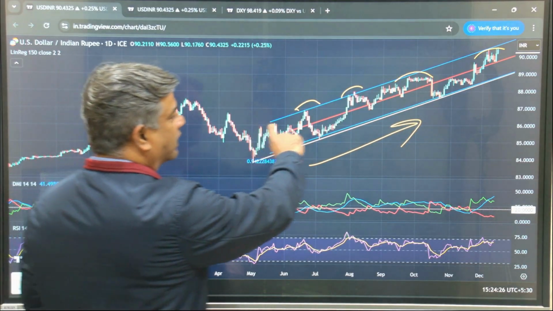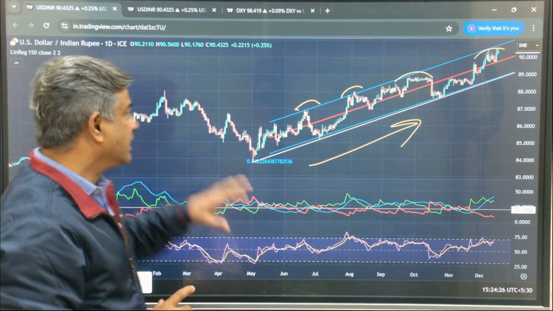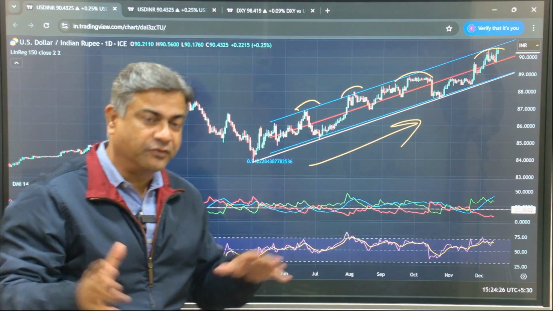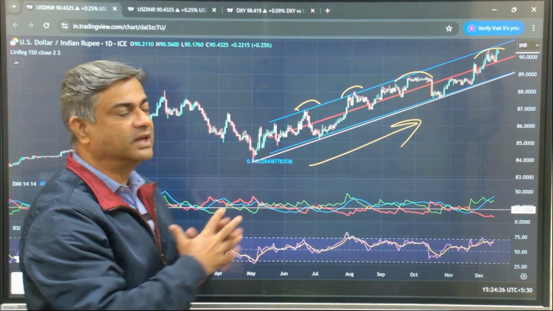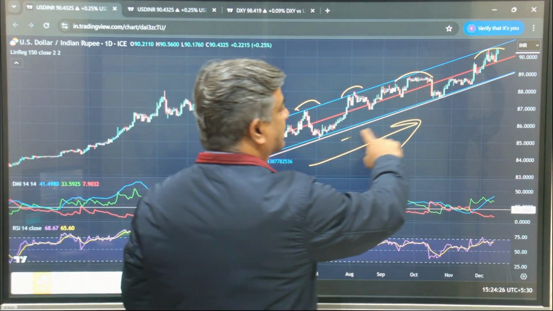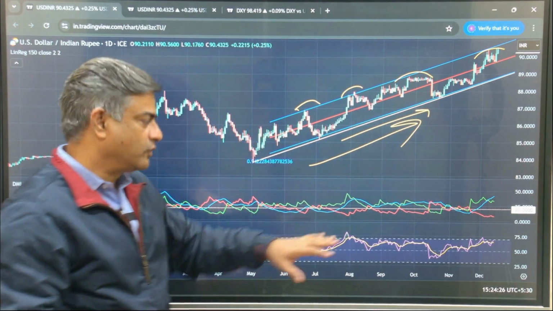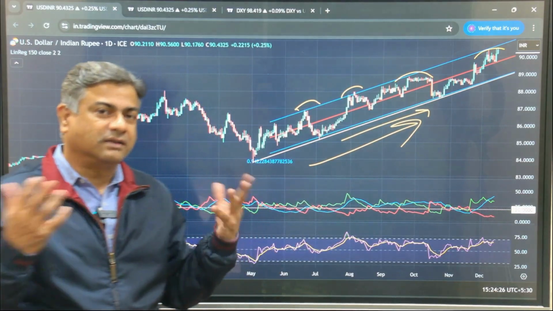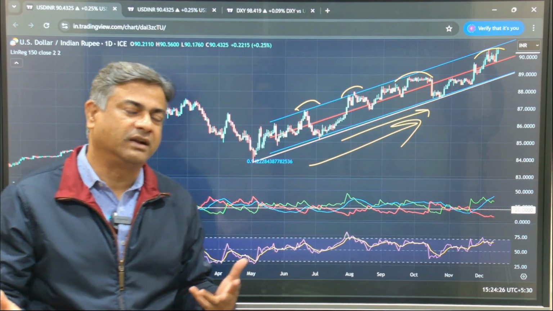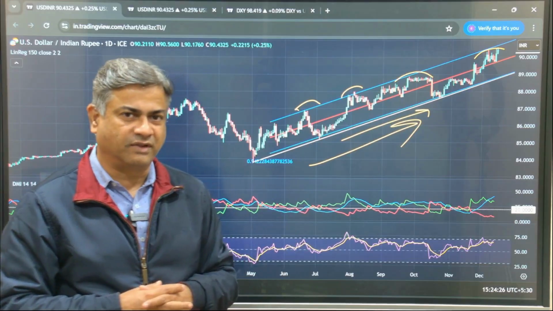And even if you look at the linear regression channel, I have taken a slightly longer 150 days channel. Usually you take 100 days, but even on a 150-day channel, it is a very clear-cut uptrend. Okay, if you look at the indicators, momentum indicators are slightly overbought, but that doesn't hamper. The rupee is still under pressure because of various geopolitical factors.